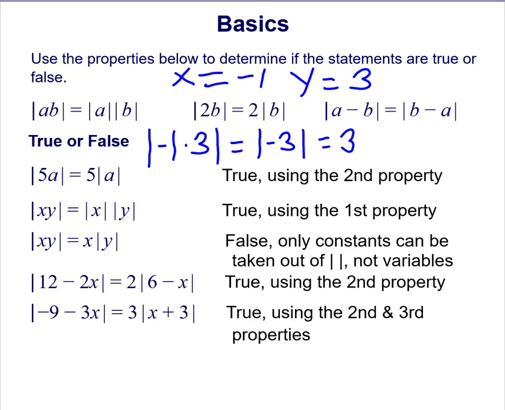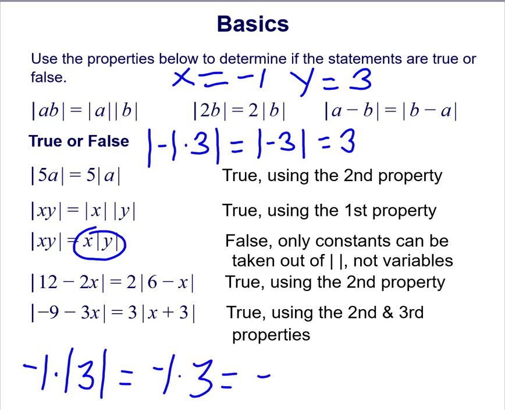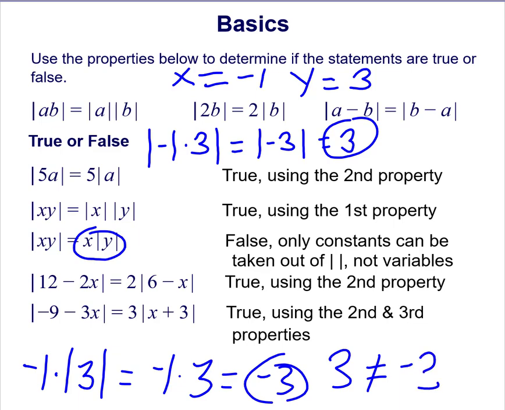Now, I'm going to write down here on the bottom because I'm out of room, I'm going to take this expression and rewrite it down here. So x is negative 1 times the absolute value of 3. And the absolute value of 3 is positive 3, so I have negative 1 times 3, and negative 1 times 3 is negative 3. These are not the same. 3 is not equal to negative 3. So this is a false expression.